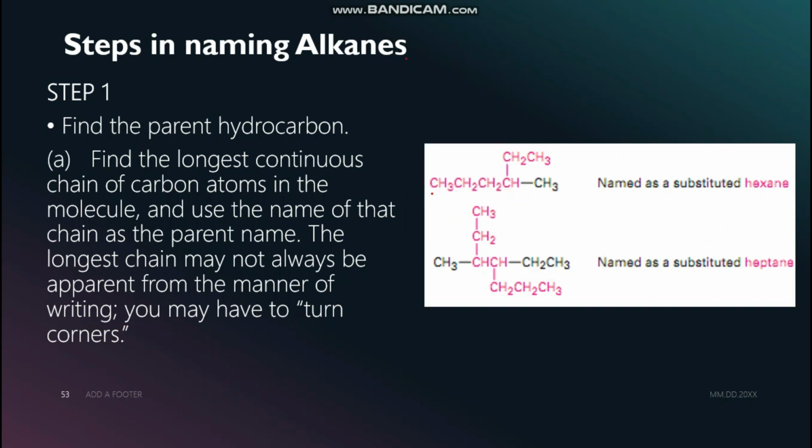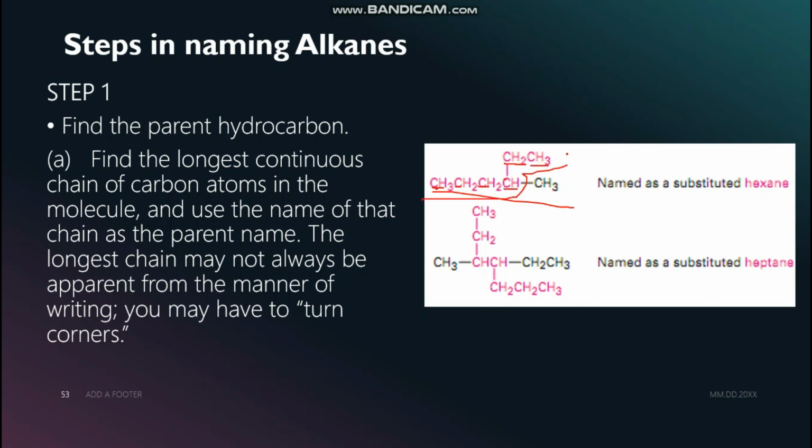On this one, if we just count the carbons straight, 1, 2, 3, 4, 5, it's just pentane, 5 carbons. But if we turn corners, 1, 2, 3, 4, 5, 6, there are more.